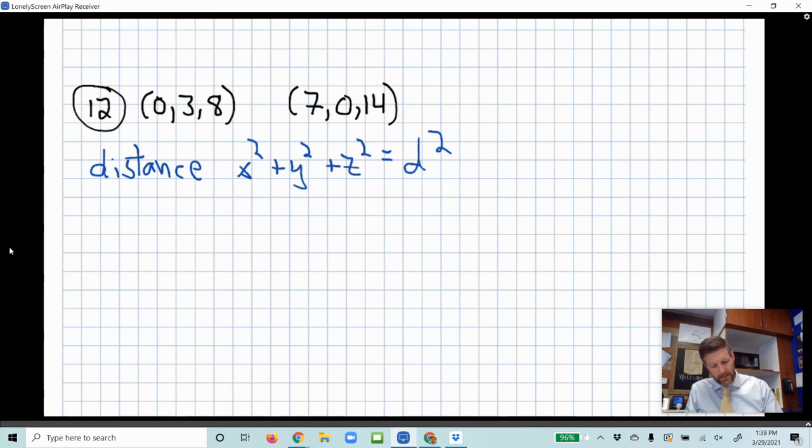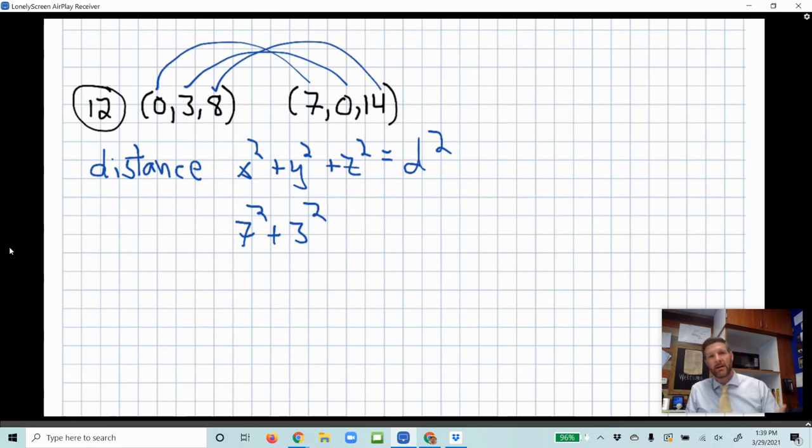So 0 and 7: the distance between them is 7, so 7 squared, plus the distance between 3 and 0, which are my y's, that's 3 squared. And then 8 and 14: the distance between them is 6, so 6 squared. And that's going to be my diagonal squared.